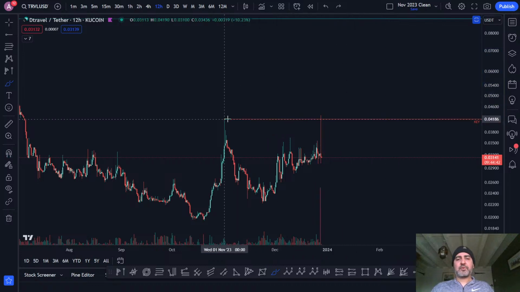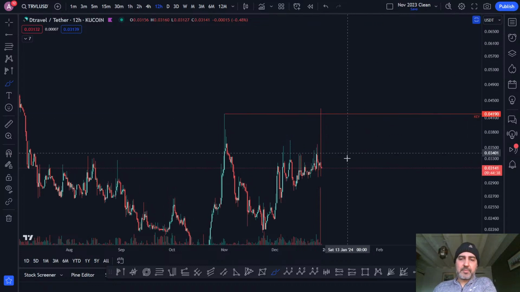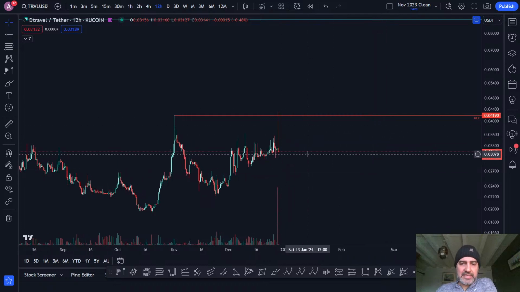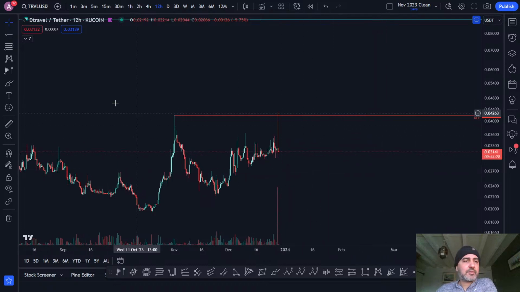So this key level that I have marked out needs to be flipped from resistance, which it is now, into support. Ultimately the way that's going to happen is by continuously testing that level.